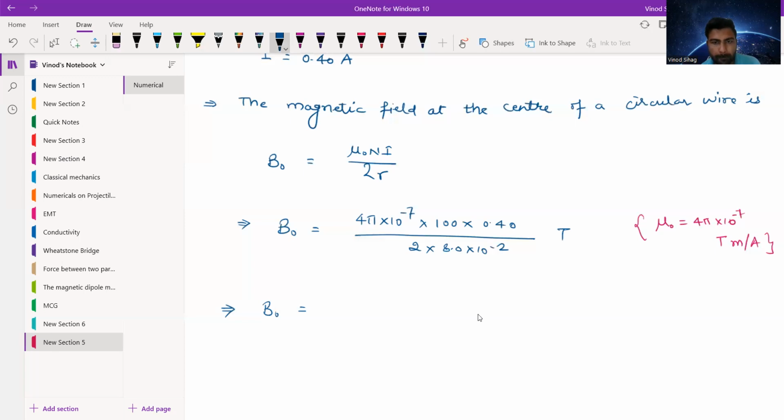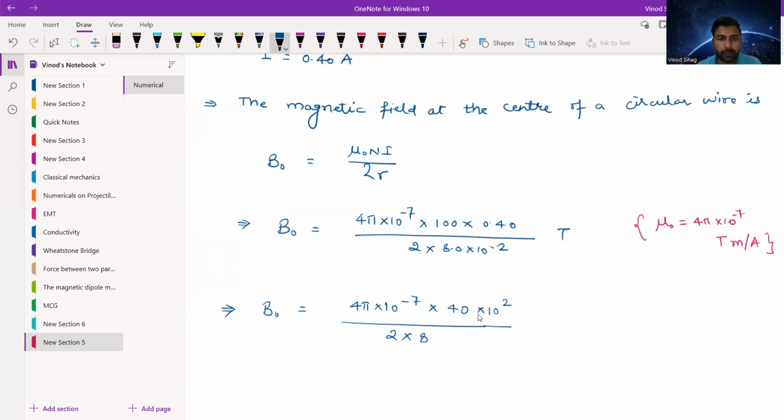So it will be 4 pi into 10 to the power minus 7 into 40 divided by, and this 10 to the power minus 2 will go to the numerator, so it will become plus 10 to the power 2. Now in the denominator, it is 2 into 8 only.